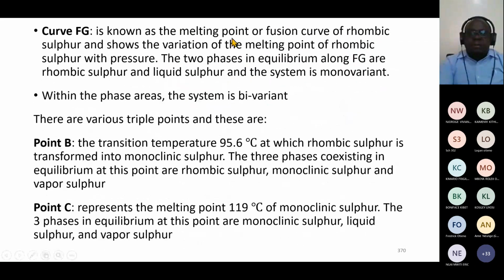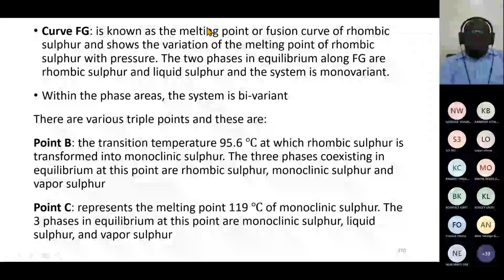So this is known as the melting point or fusion curve of rhombic sulfur, and it shows the variation of the melting point of rhombic sulfur with pressure. The two phases in equilibrium along FG are rhombic sulfur and liquid sulfur, and the system is monovariant along that line. Now, within the phase areas, the system is bivariant.